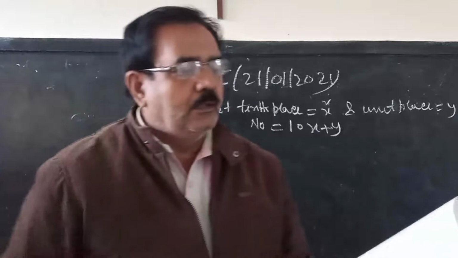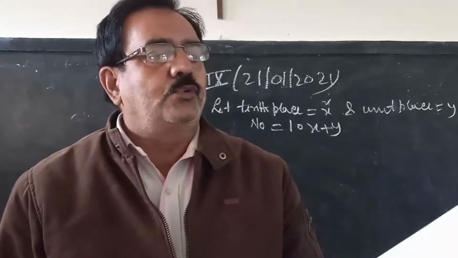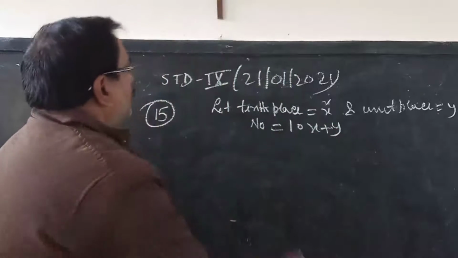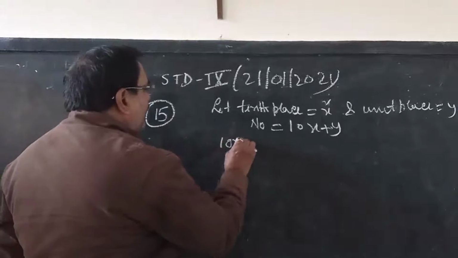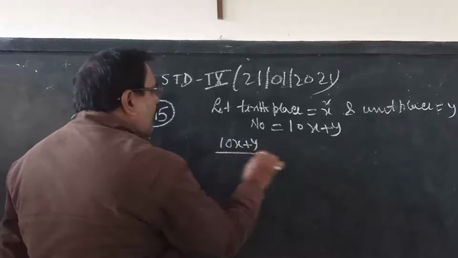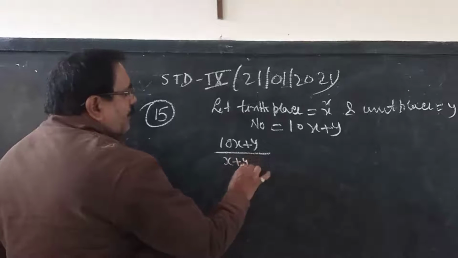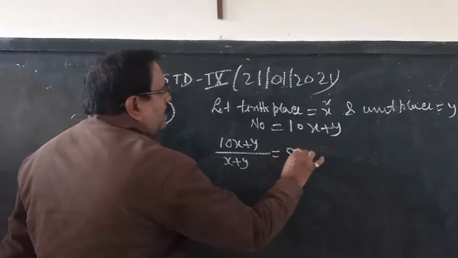This is our number. Now read what is given. When a two-digit number is divided by the sum of the digits, the quotient is 8. Means when the number 10x plus y is divided by the sum of the digits, the sum of the digits is x plus y, then the quotient is equal to 8.